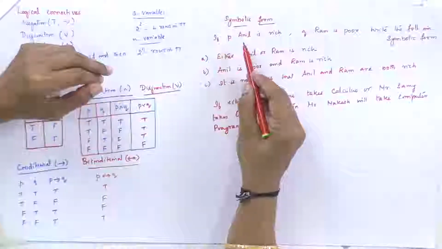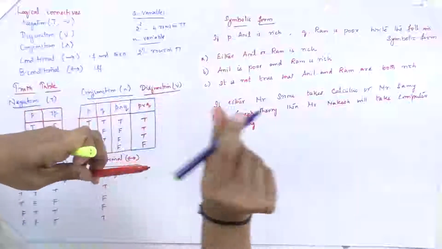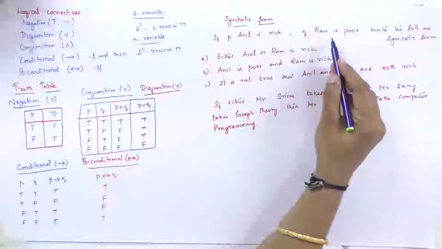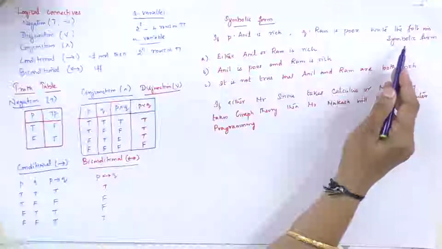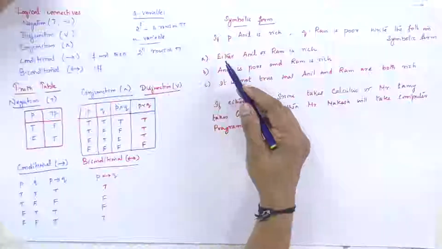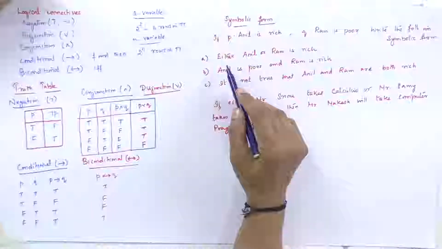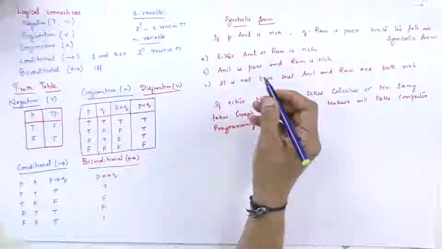If P represents Anil is rich, Q represents Ram is poor, write the following in the symbolic form. So what is the first subdivision? It is either Anil or Ram is rich. How do I represent this in a symbolic form?